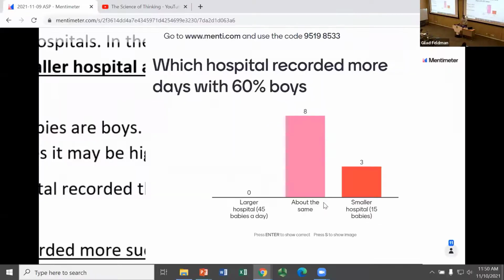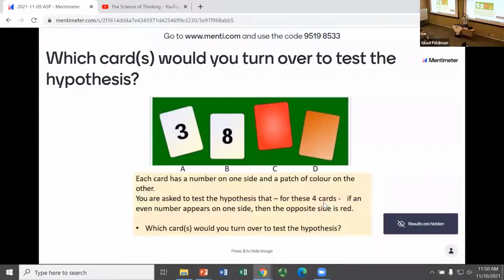One last slide. I know these are a little bit frustrating, and this is going to be the most frustrating of all of these, but there's something very important for me to demonstrate here for you. So make some effort, even if you don't tell me what your answer is, to solve this. This is a classic demonstration of cognitive biases in researchers. So here's the question. Each card has a number on one side and a patch of color on the other.